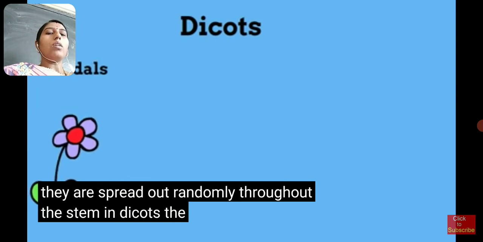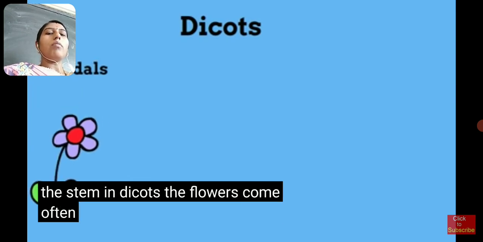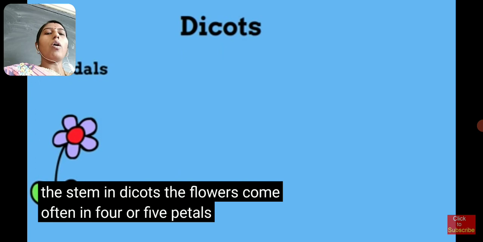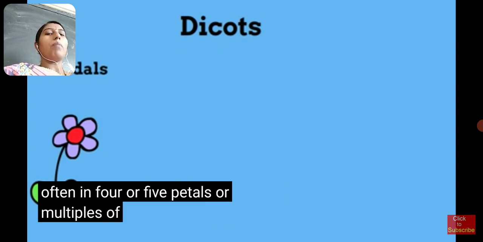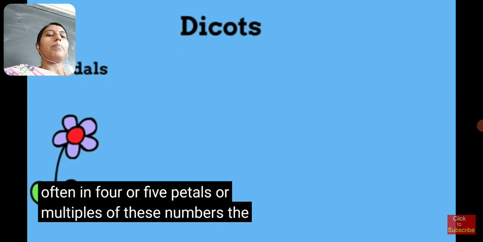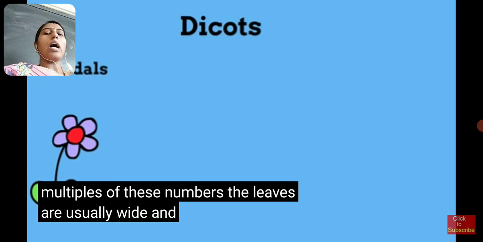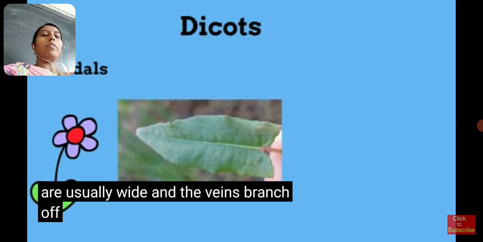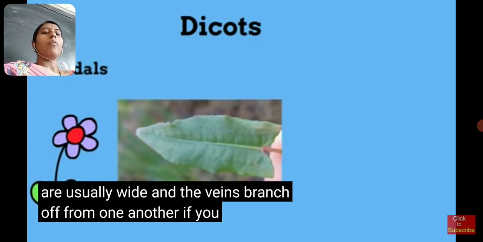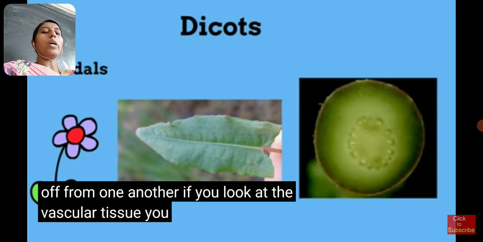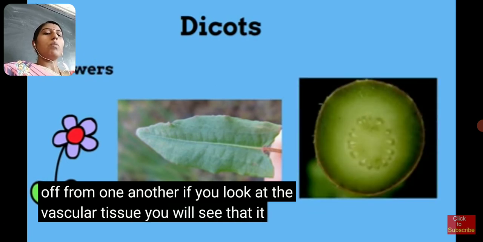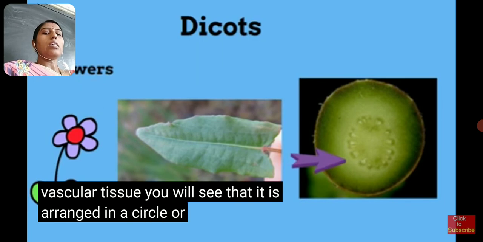In a dicot, the flowers often come in 4 or 5 petals or multiples of these numbers. The leaves are usually wide and the veins branch off one another. If you look at the vascular system, you can see that it is arranged in a circle or ring.